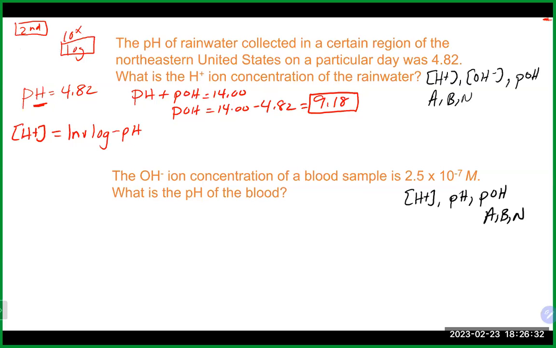You hit that button, then you hit that button. And when you do it, it will usually pop up a 10 and a caret on most people's calculators. Make sure you hit the negative button and then 4.82.